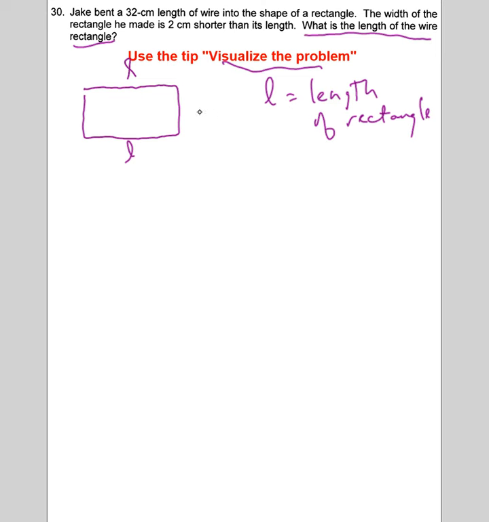So then if it's a rectangle, I also need to know the width, and it says right here the width of the rectangle he made is 2 centimeters shorter than its length. So that means this is going to be the length minus 2. And this is also going to be the length minus 2. Then I also know that he used a 32 centimeter length of wire to make the thing.